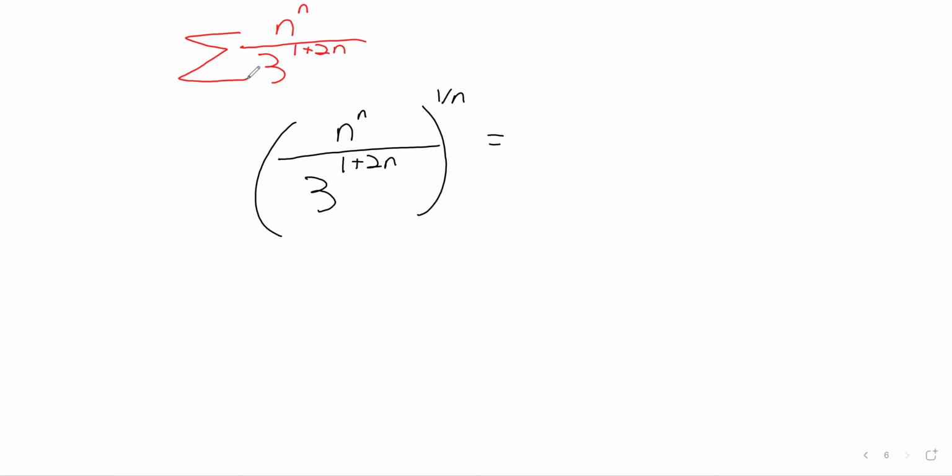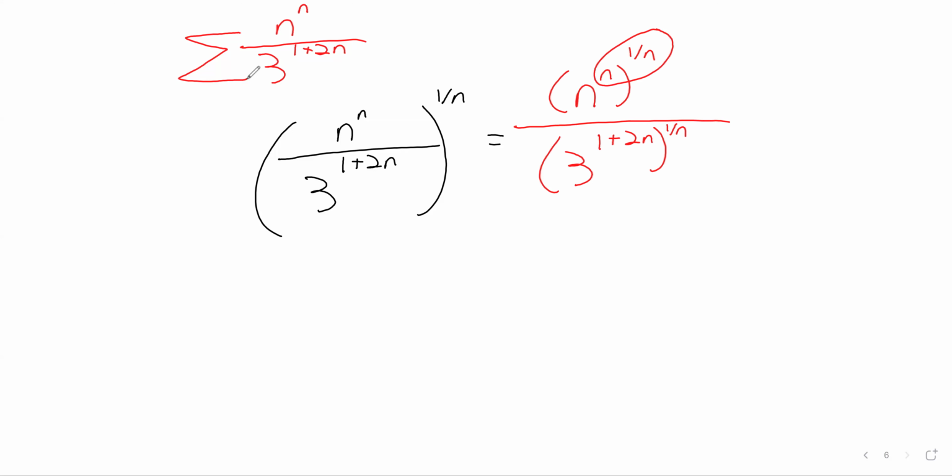So we've got the root. We've written it as a power because that's going to make the algebra more straightforward, I think. So when you have a fraction raised to a power, you can take the top to the power and the bottom to the power. And the top to the power, we multiply the powers, n times 1 over n is 1.